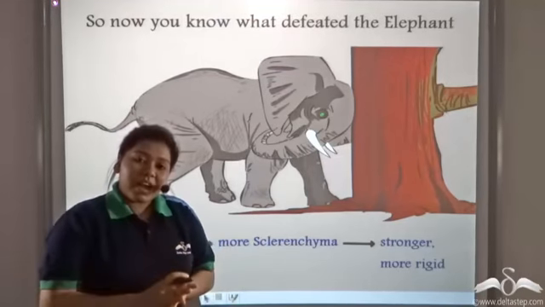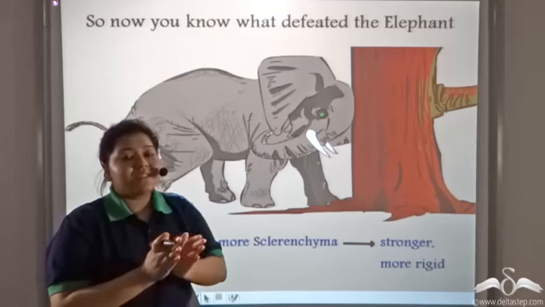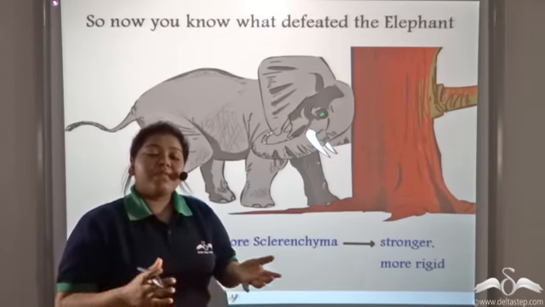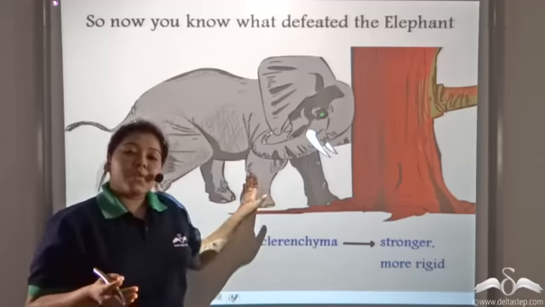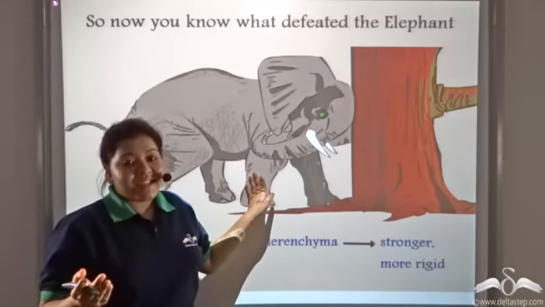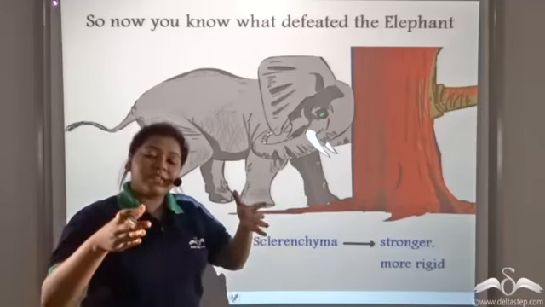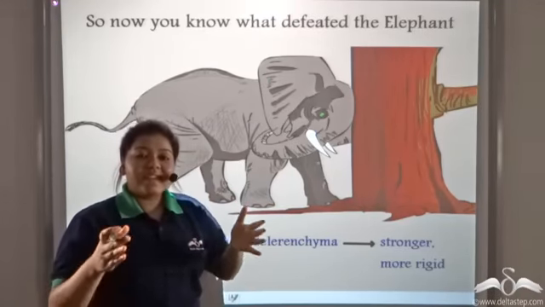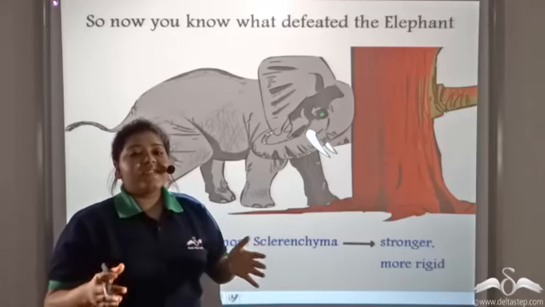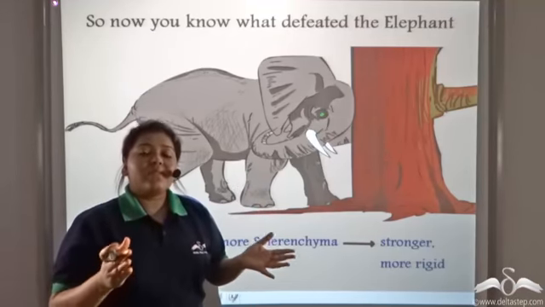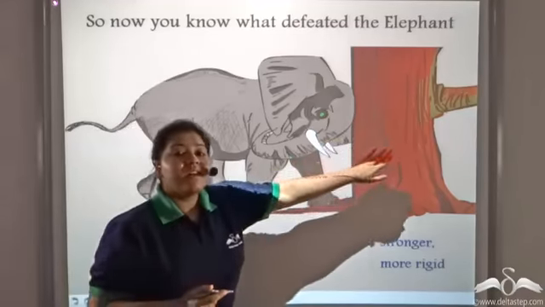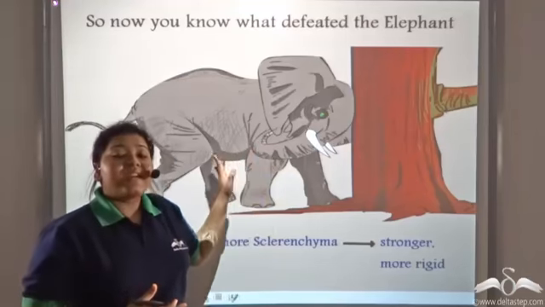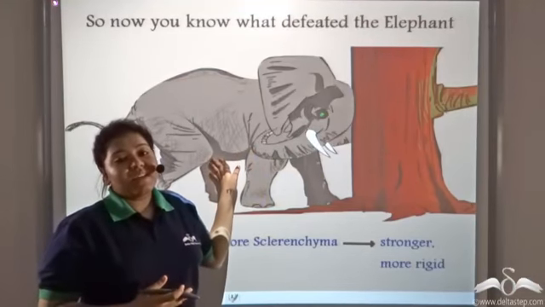So when a plant is young, it does not have Sclerenchyma tissue, it has parenchyma and Collenchyma tissue, but when it starts growing, the Collenchyma tissue gets converted to form Sclerenchyma tissue with additional depositions of lignin on the cell wall, and this lignin facilitates a lot of mechanical strength to the plant. So that is why an adult tree is very hard, and even an elephant cannot move an adult plant.